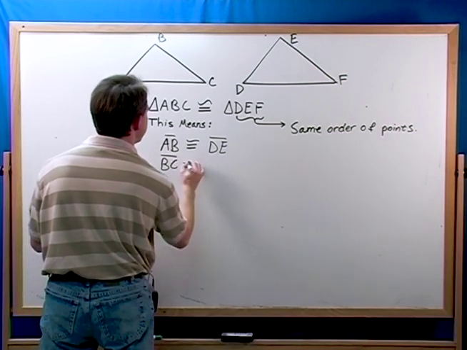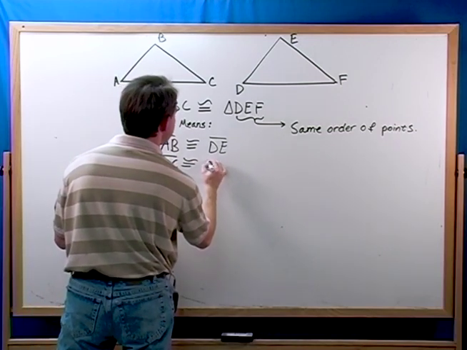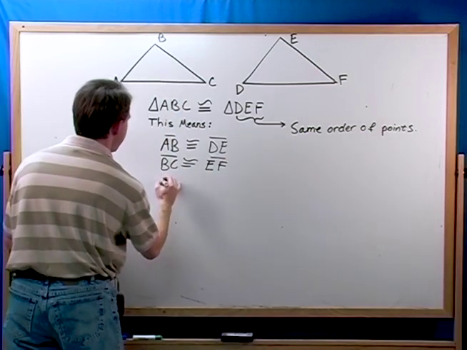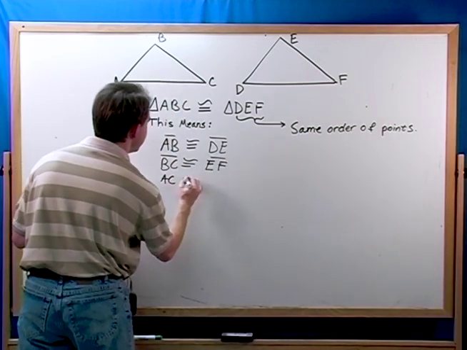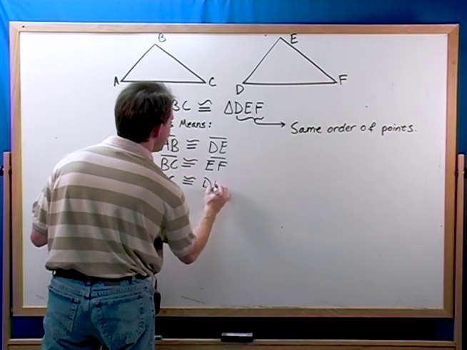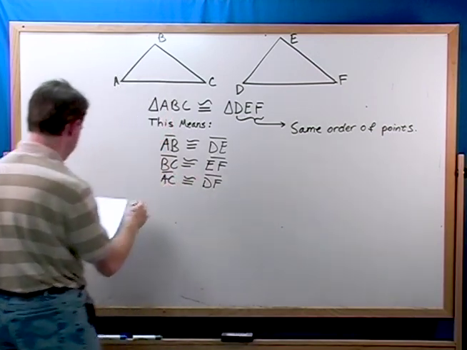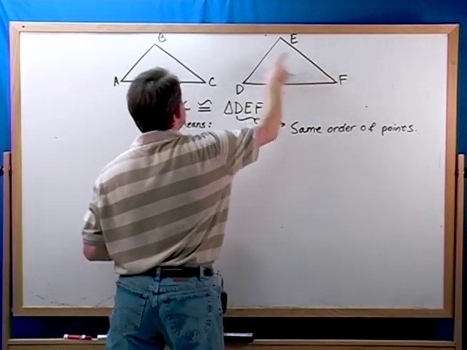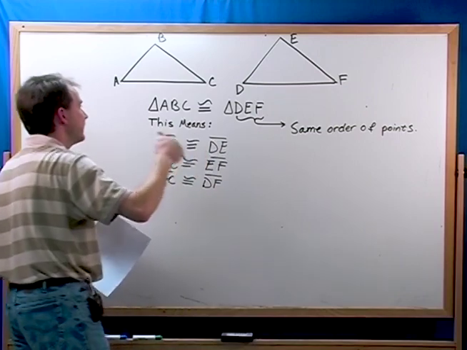BC has got to be congruent to EF. It's got to be true, okay? AC has got to be congruent to DF, okay? It's got to be true. So the three sides are congruent to each other. That's the first thing we already said has to happen.